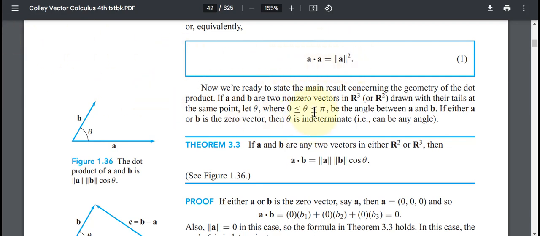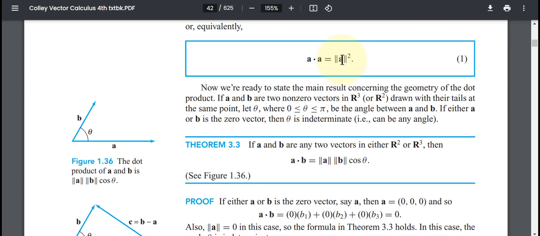But it's not exactly true. We'd like a formula for A dot B, and maybe it might be the norm of A times the norm of B, but it doesn't quite work.